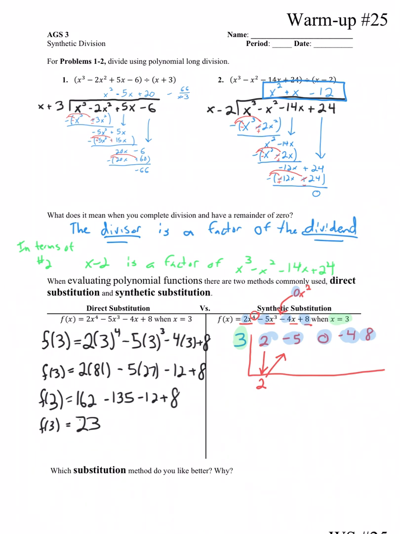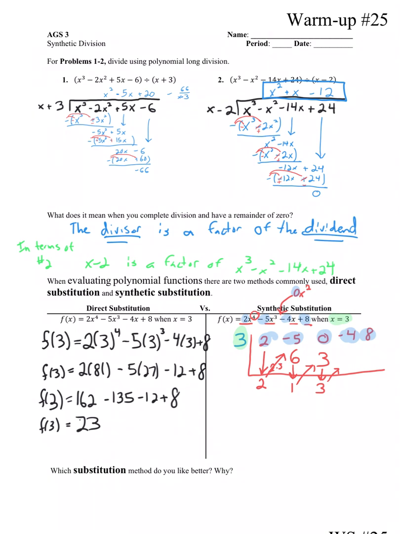Every time you cross this line, you have to multiply by 3. So we're going to say 2 times 3, and we're going to get a 6 there. And then we're going to add these numbers, -5 plus 6. We're going to vertically add. It's really weird, but what's going to happen is we're going to get a 1. And then we're going to multiply by 3 again. Then we're going to add 0 and 3, and we're going to get a 3.